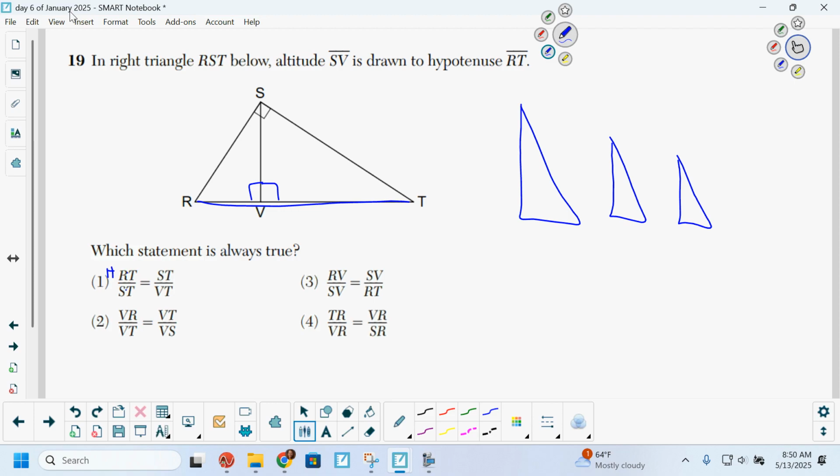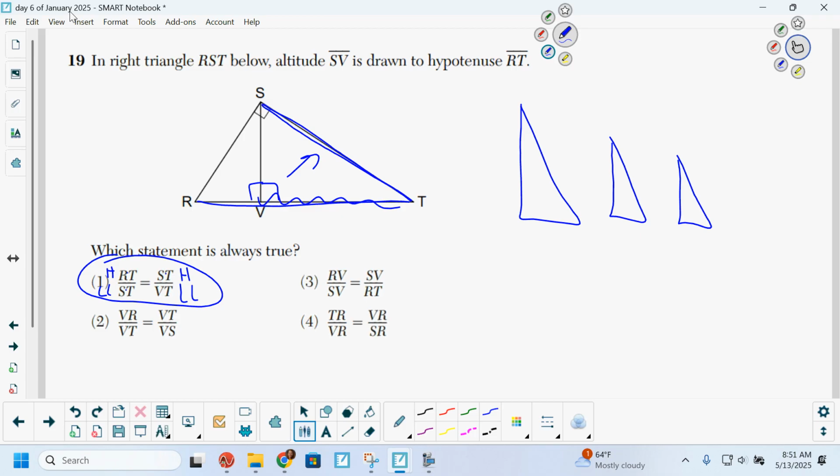And if I'm working in the big triangle, ST would be the long leg. ST in the other triangle, the medium triangle that I'm now looking at, would be the hypotenuse. And VT in the medium triangle would be the long leg. So because I have hypotenuse over long leg in 2 different triangles, number 1 looks like the right answer.